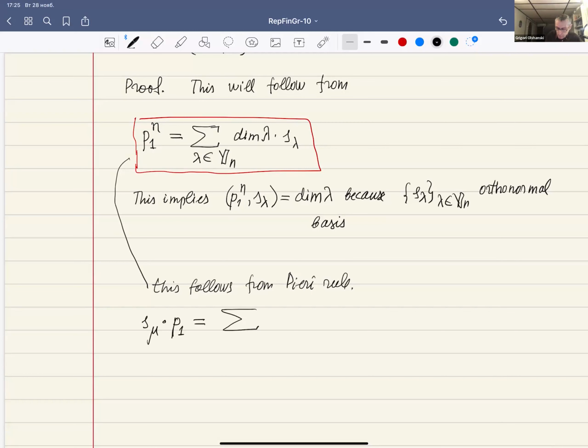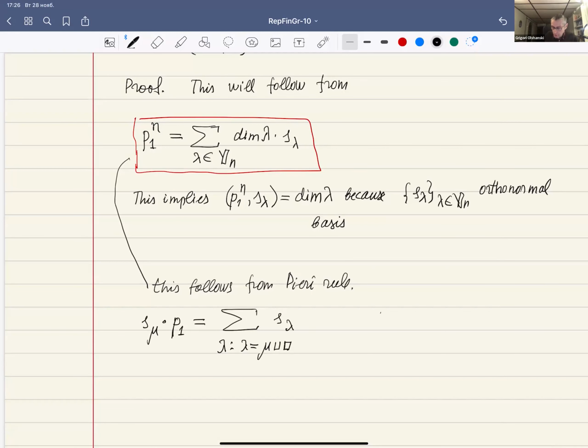We get the sum of the Schur functions indexed by all Young diagrams which can be obtained by adding a box.